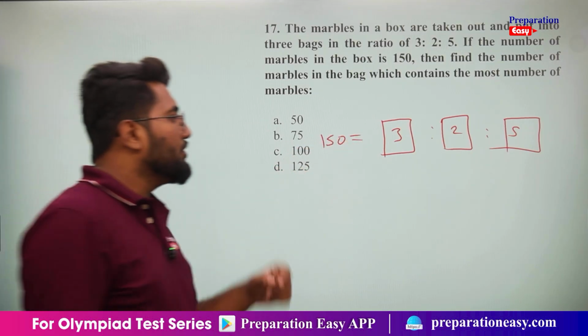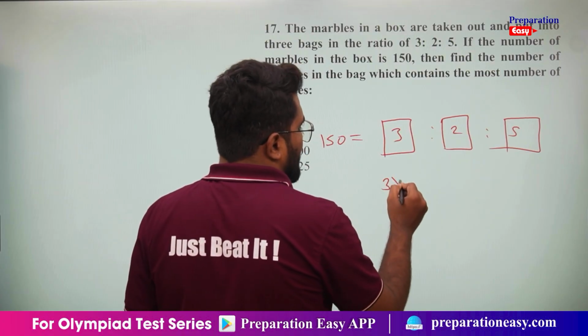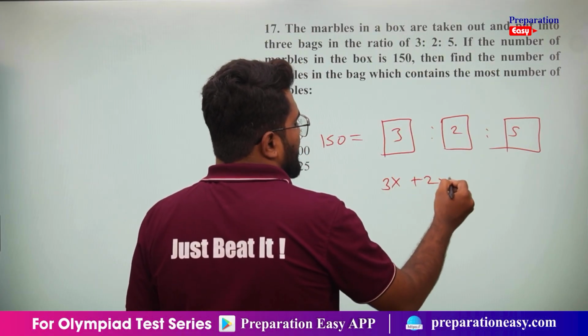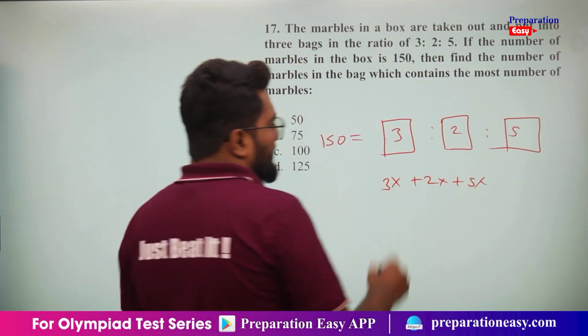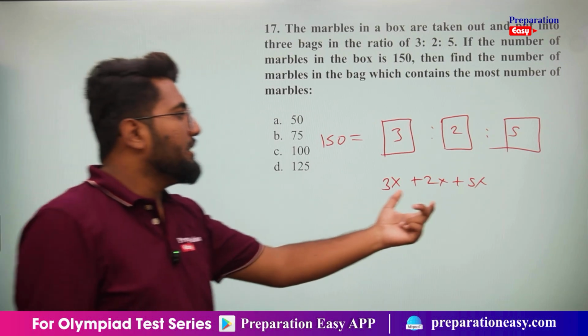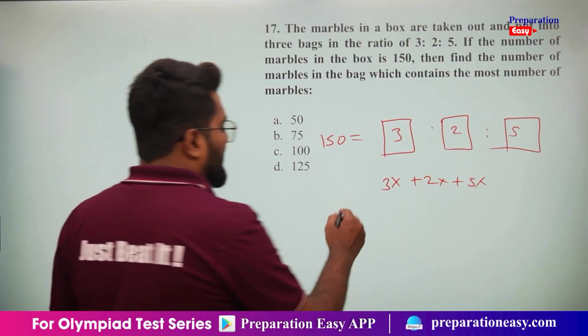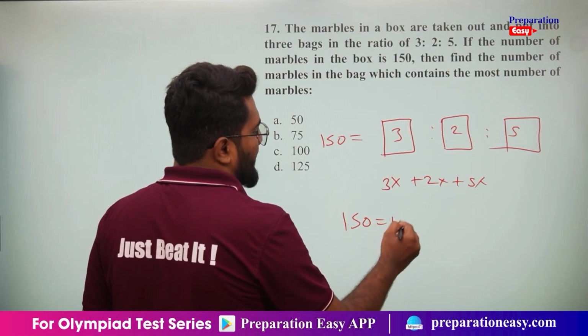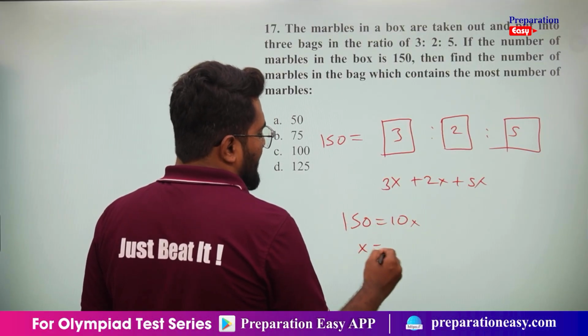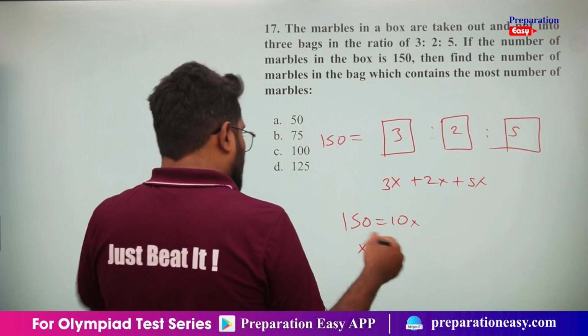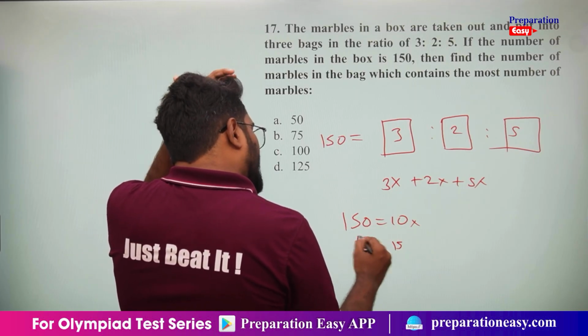We put 3x plus 2x plus 5x, which is 10x. So 150 equals 10x. So x will become 15.